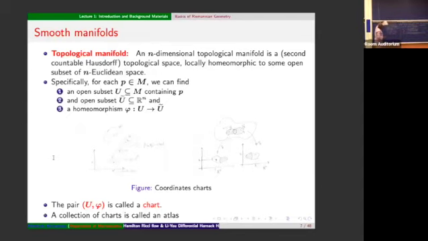What do we mean by this? To say M is locally homeomorphic to Euclidean space of dimension n, we mean that each point of this topological space has a neighborhood that is homeomorphic to some open subset of Euclidean space.